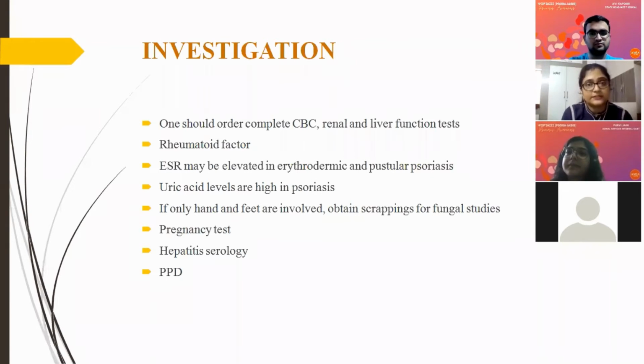Uric acid levels are high in psoriasis. If only hands and feet are involved, obtain scrapings for fungal studies so that it can be differentiated from dermatophytes. Pregnancy test is done to choose the therapy. Hepatitis serology and purified protein derivative, PPD, are tested.